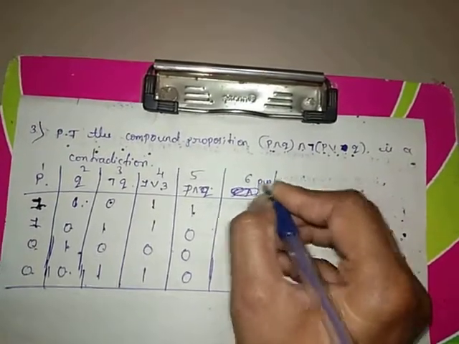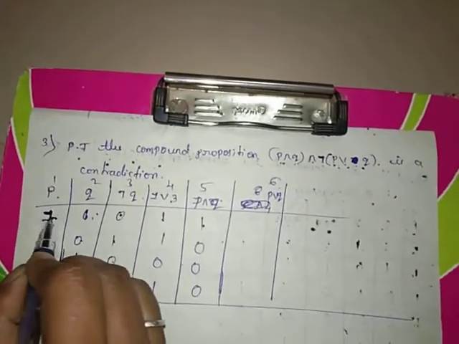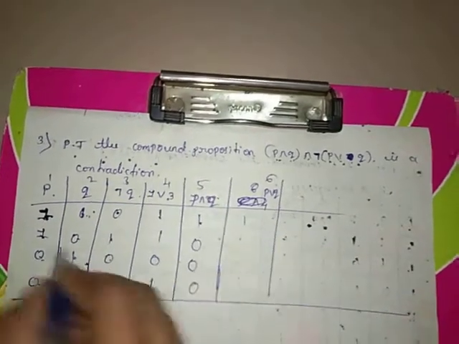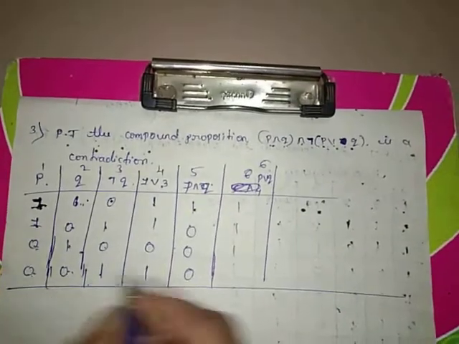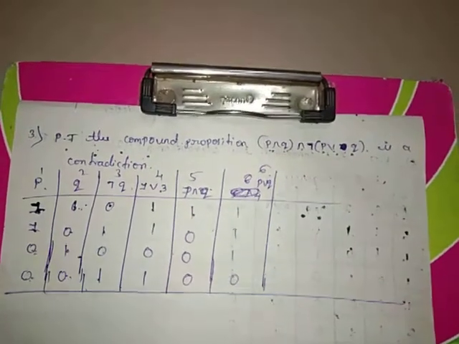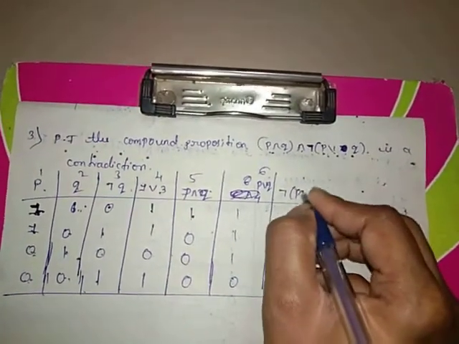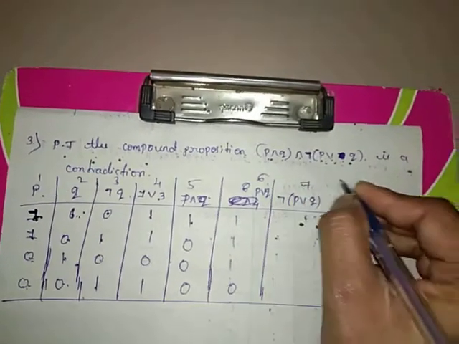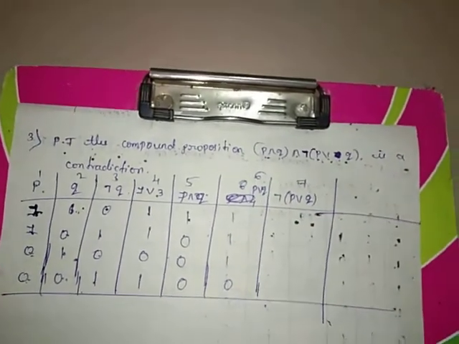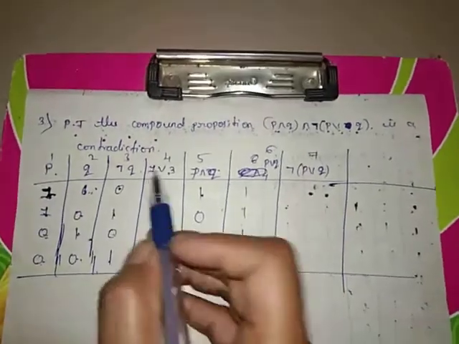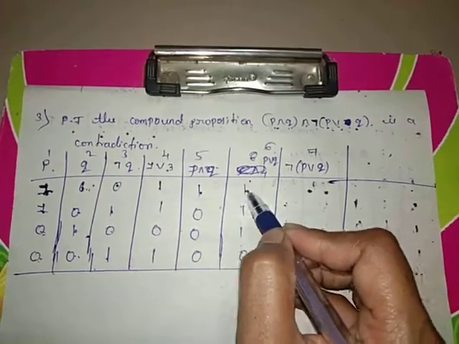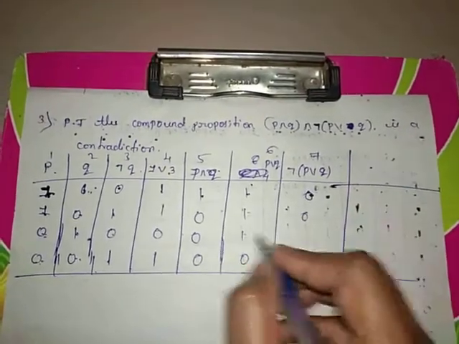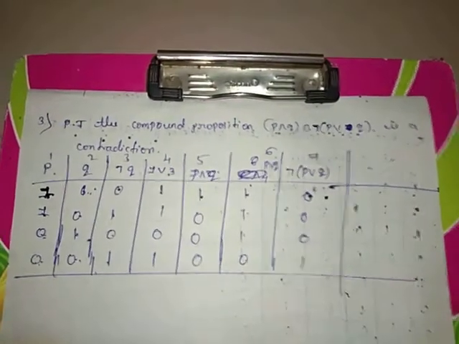P or Q is your sixth column: 1 or 1 is 1, 1 or 0 is 1, 0 or 1 is 1, 0 or 0 is 0. The negation of P or Q is your seventh column: negation of 1, negation of 1, negation of 1, negation of 0.